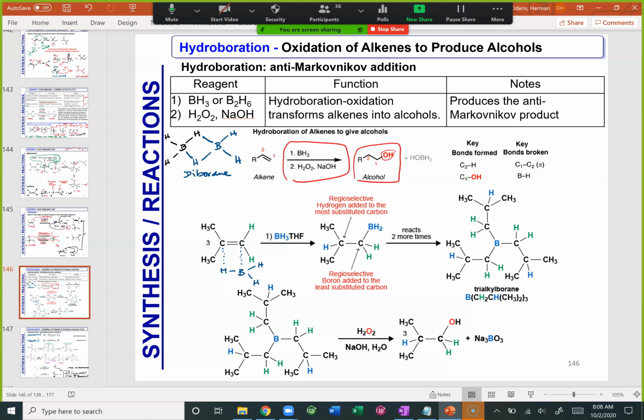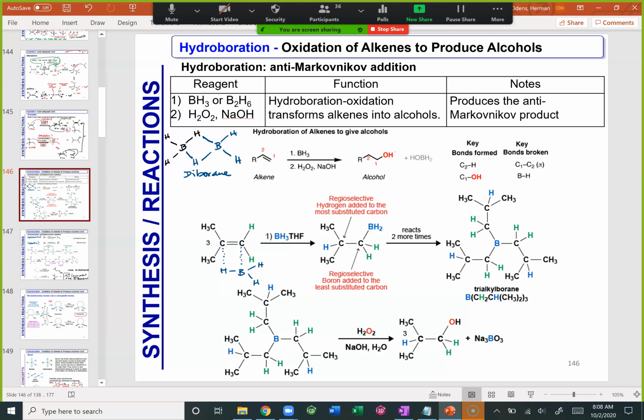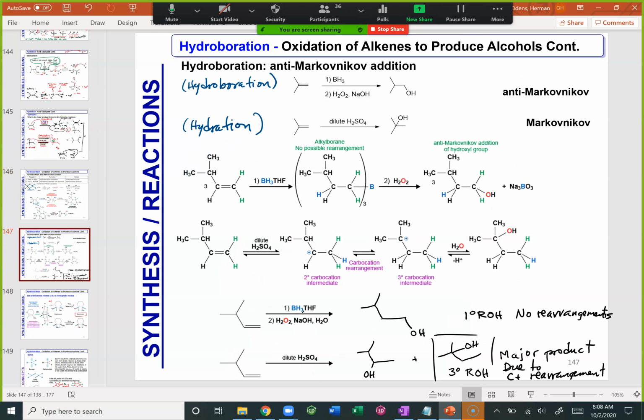And also know possibly the reactant. All right, so that's hydroboration. So far we have two mechanisms that we have to learn.